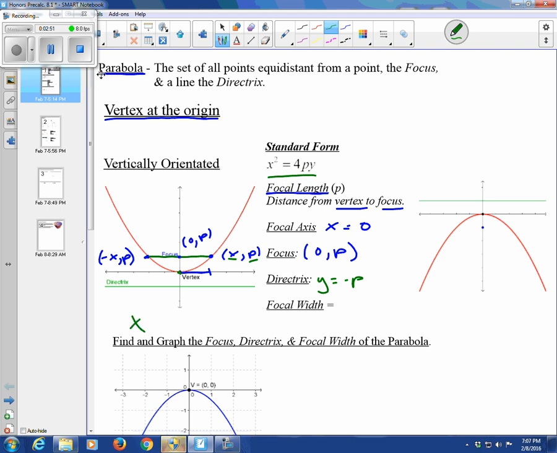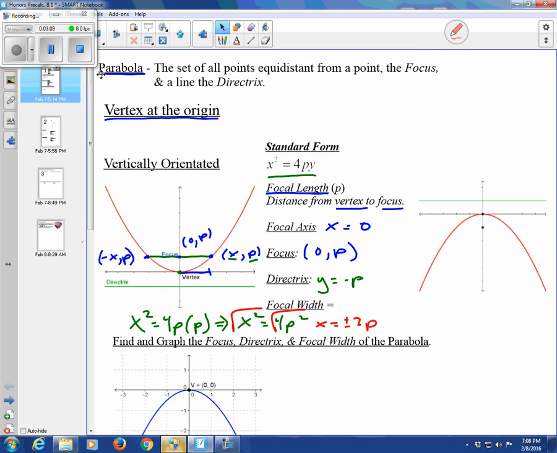So right here, what we're going to say is we've got x squared equals 4p times p, the y value of p, that is. And right here, that'll give us x squared equals 4p squared. Now we can take the square root of both sides, and that's going to give us x equals plus or minus 2p. Now, right here, this length is going to be the positive 2p, and this length is going to be the negative 2p.